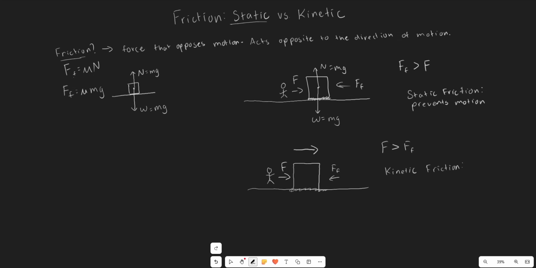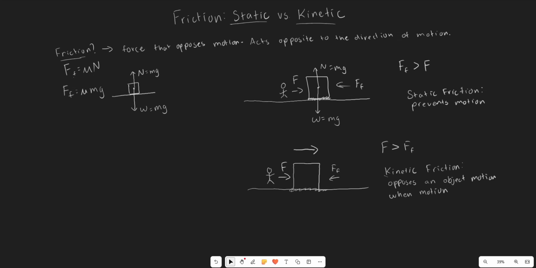Kinetic friction opposes an object's motion when in motion. So this is an example of kinetic friction because it's in motion and it's opposing it. Okay, so those are the two kinds of friction that we have, static and kinetic.